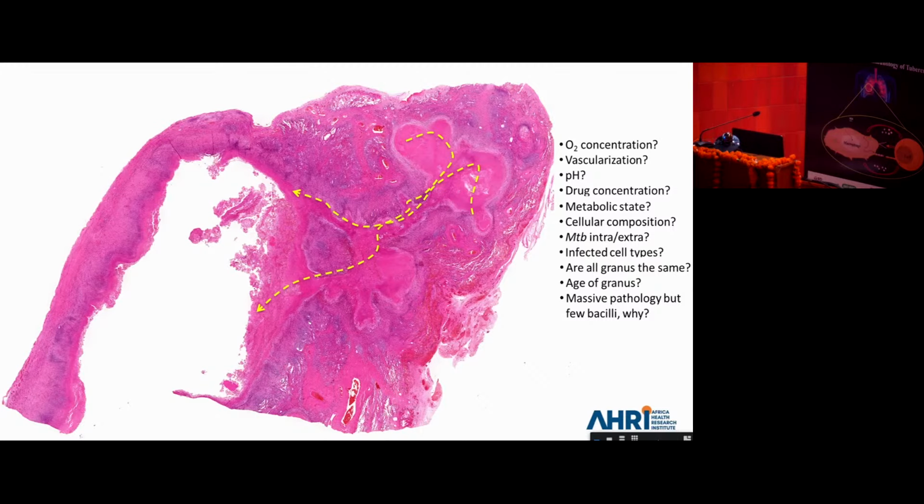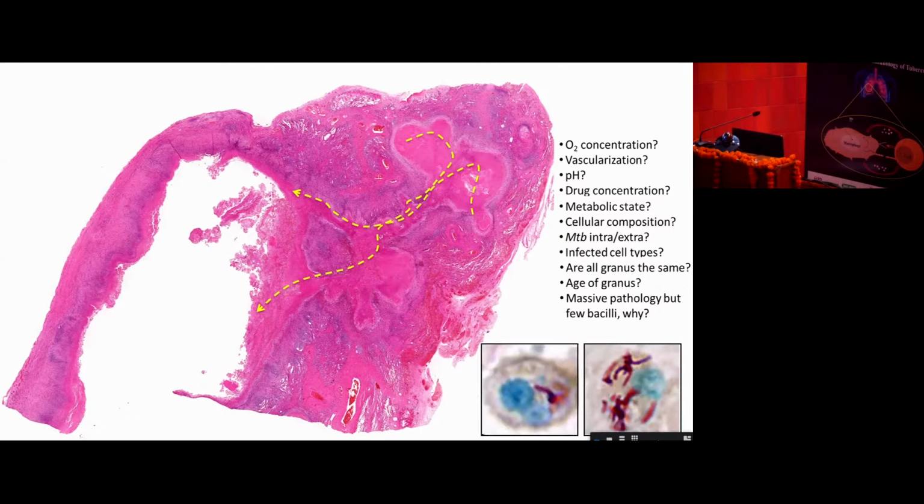And again, why is there massive pathology but few bacilli? Here are just two examples, one histiocyte and another a neutrophil infected with TB. It's a dual stain, and the count can range from 1 bacillus to 20, 30, 40 bacilli. So there are a lot of questions that one can ask from the study of human TB lung tissue.